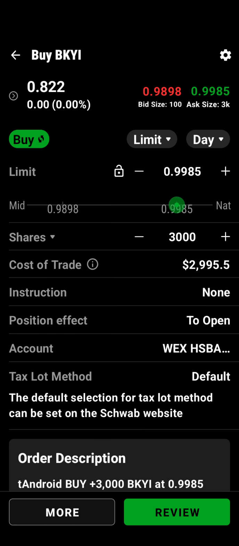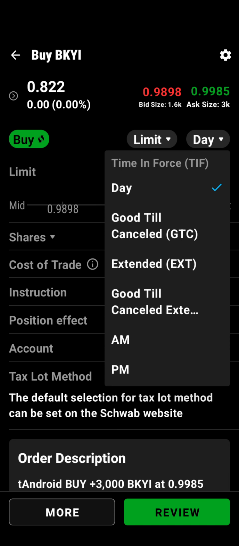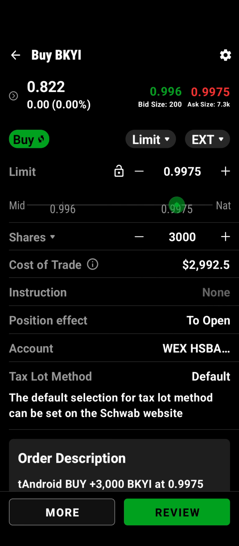And if it's pre-market like we are in now, it has to be a limit order. And change the time in force to extended hours. Otherwise your order won't fill. It won't take market orders. And if you have it on day or good till canceled, it won't fill pre-market. Limit extended hours is what it has to be on for pre-market trading or any after hours trading.